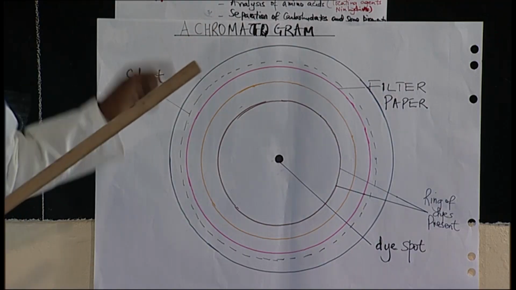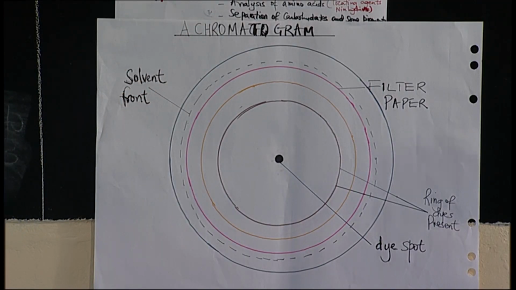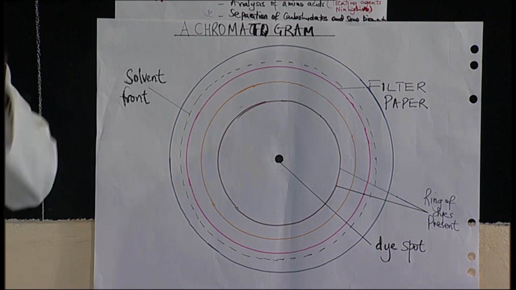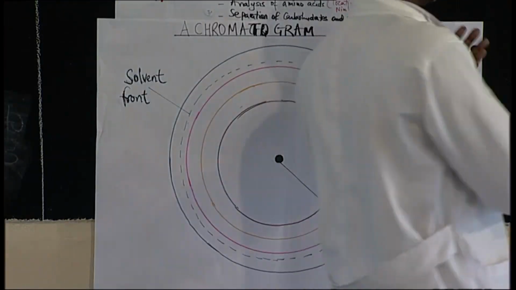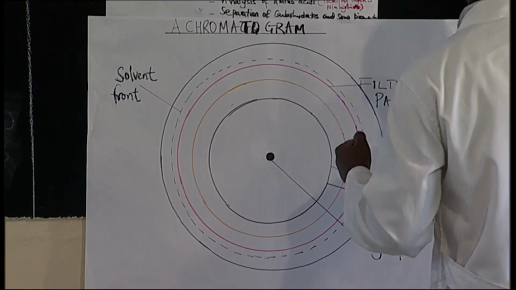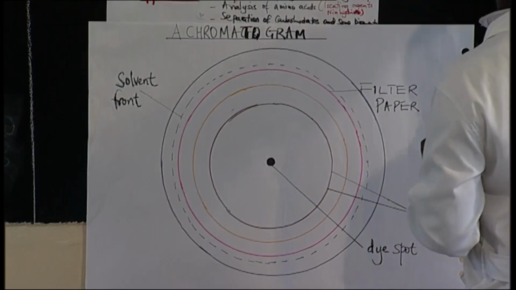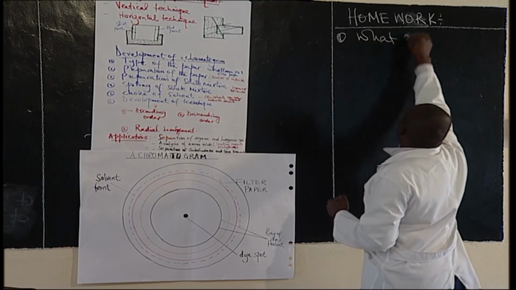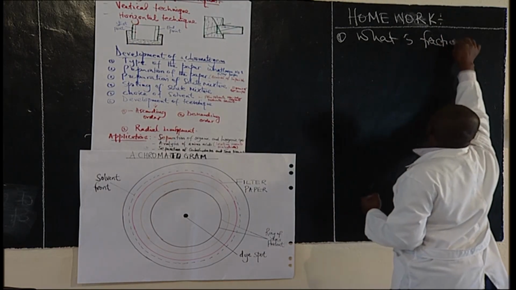So before I leave, I want to leave you with a homework. Please try this homework and see whether you can be able to do it. Number one, A: what is fractional distillation?